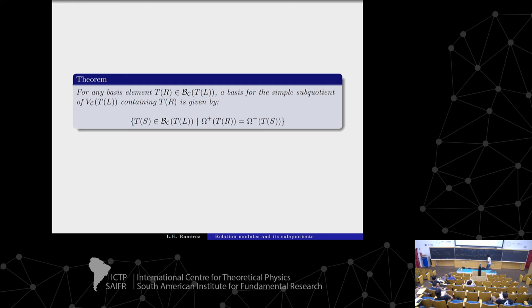Okay, so you have this, this, this, and this. And the idea is that each possible configuration gives us a simple subquotient of the model V_C of T of L.